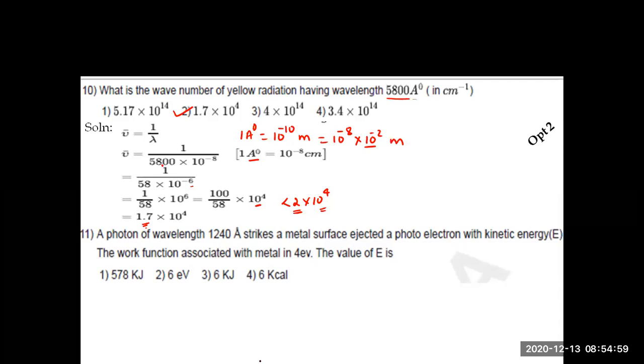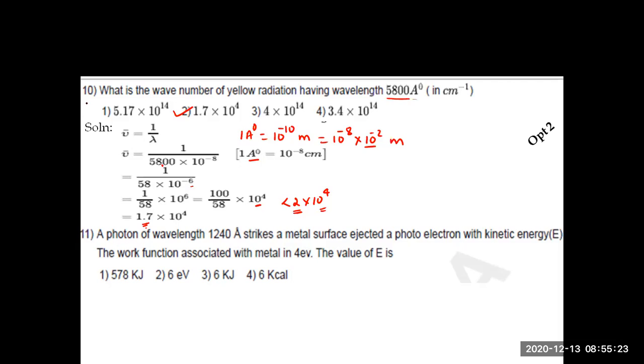11th, a photon of wavelength 1240 angstrom strikes a metal surface, ejecting a photoelectron with kinetic energy E. The work function associated with the metal is 4 electron volt. The value of kinetic energy E?